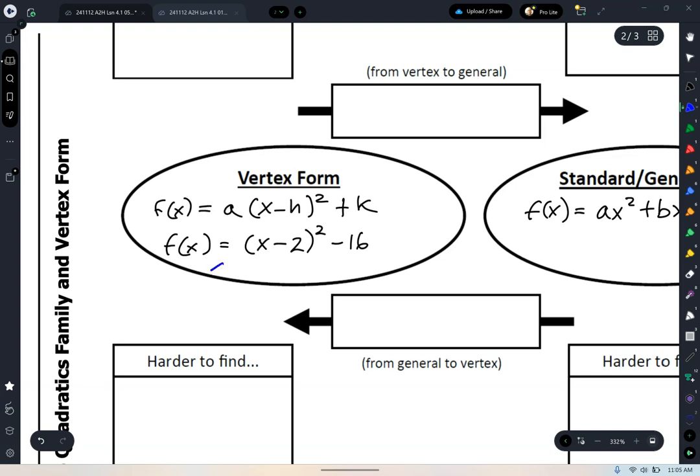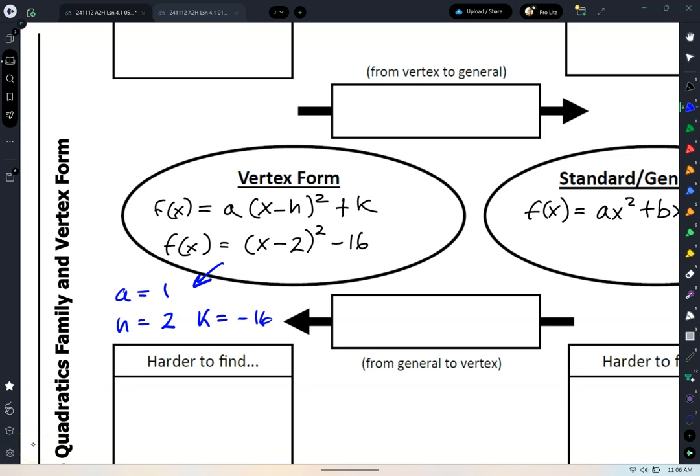Okay, so first thing, I would like for you to write a equals, h equals, and k equals, and I want you to fill in those pieces of information right there, a, h, and k, from the actual quadratic function that I gave you. You should have put a is 1, h is positive 2, and k is negative 16, right? Because again, in our structure here of our generic format, it's always x minus h.